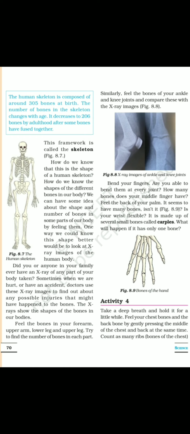Okay, the wrist bones, that is carpals, form movable joint with the bones of forearm. Due to this, our wrist is flexible. The palm bones, that is metacarpals, form movable joints with fingers, and the finger bones, that is phalanges, form movable joints among themselves.